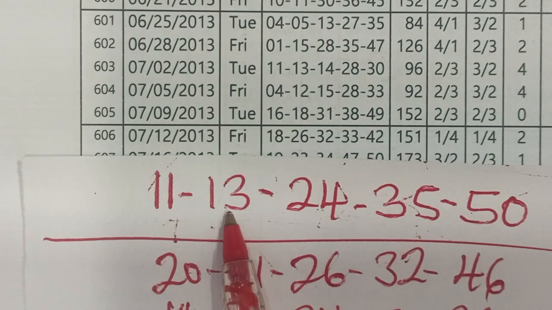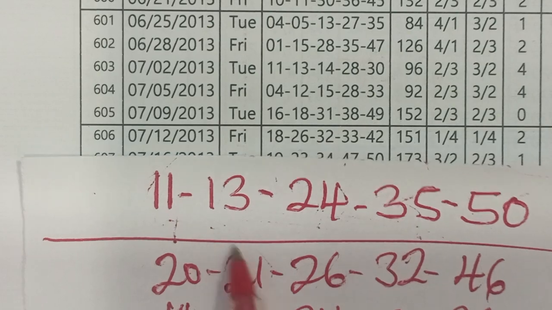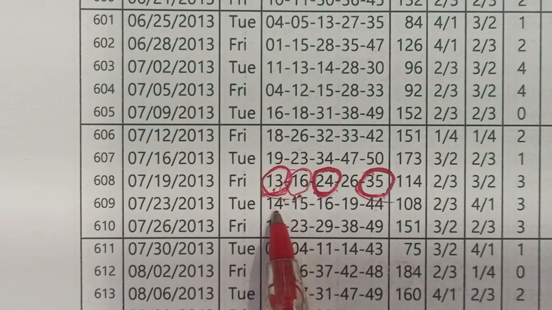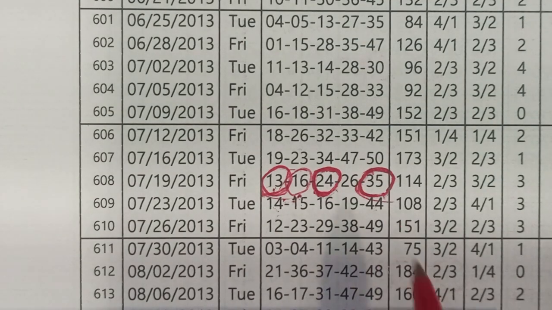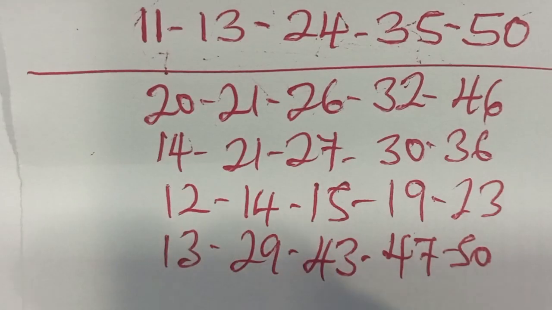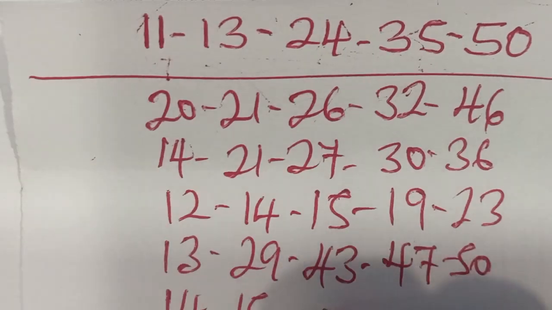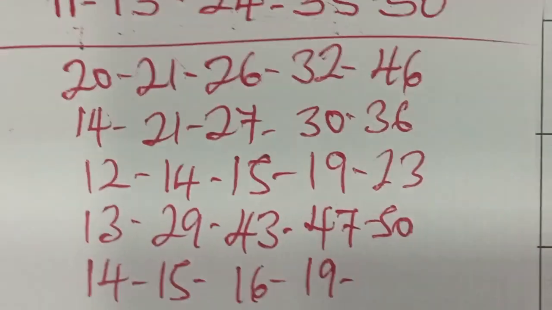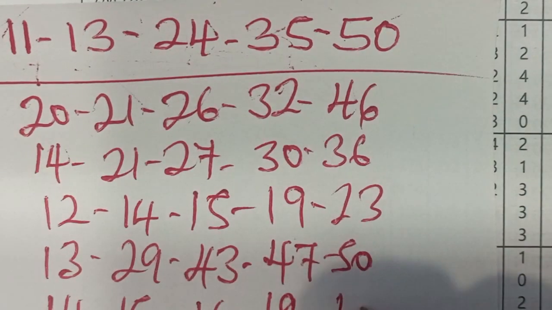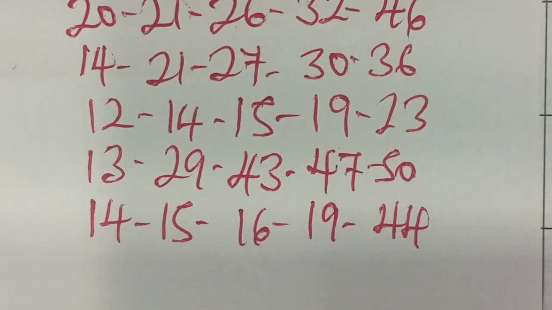Check. So we have 13, 24, 35 over there. So we need to select 14, 15, 16, 19, and the number 44.